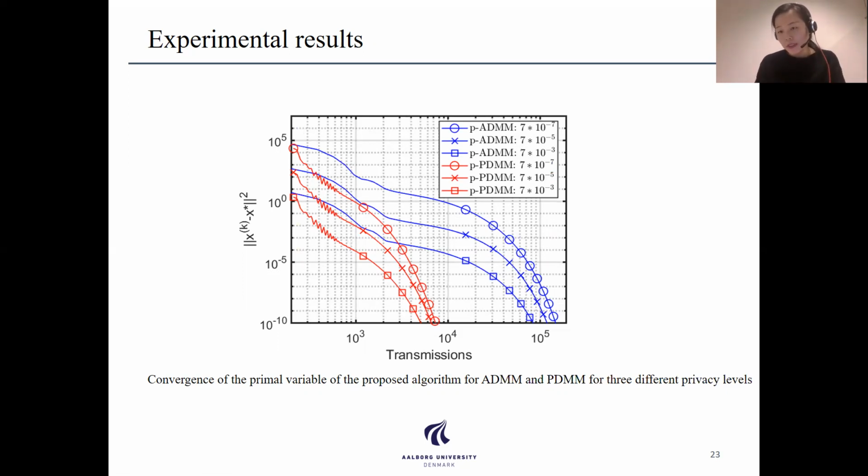So there's no trade-off between privacy and accuracy. Indeed, the convergence rate of this optimization algorithm only depends on the graph topology. It does not depend on the initialization. This is why there is only a slight offset of the convergence error, but the convergence rate is not affected. One thing to notice here is that the x-axis is in log scale.